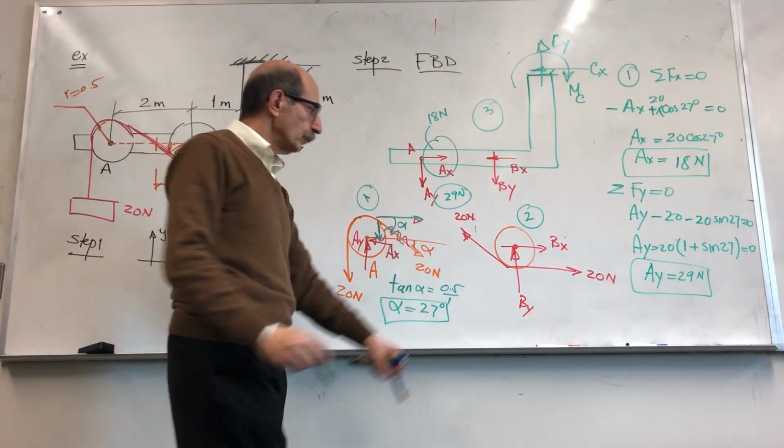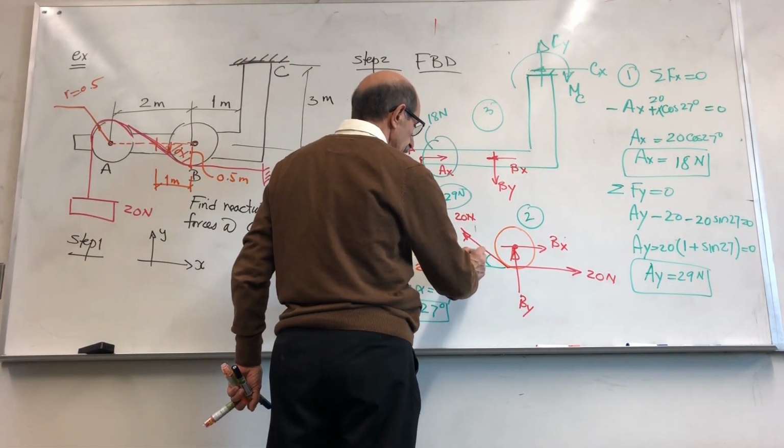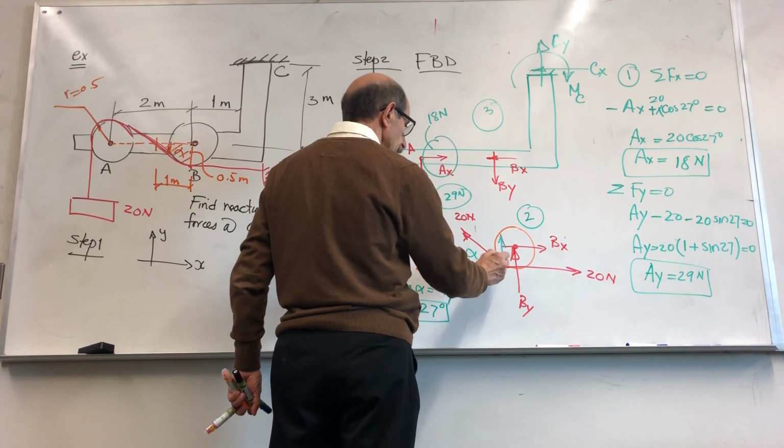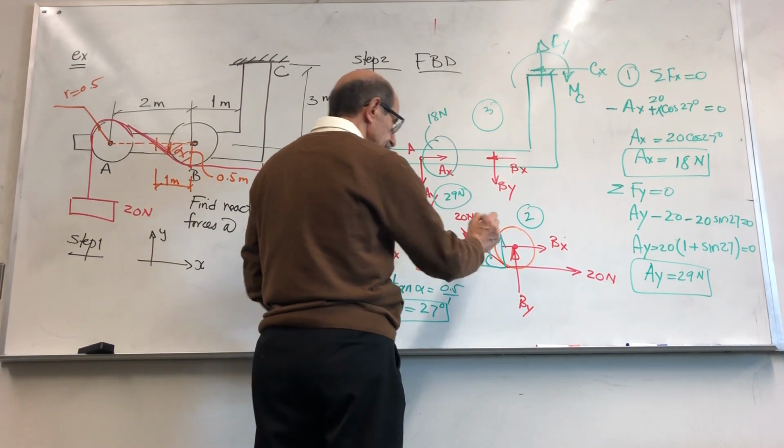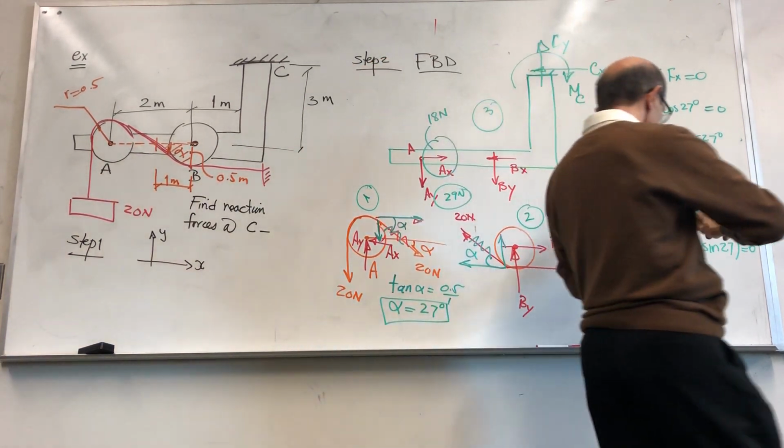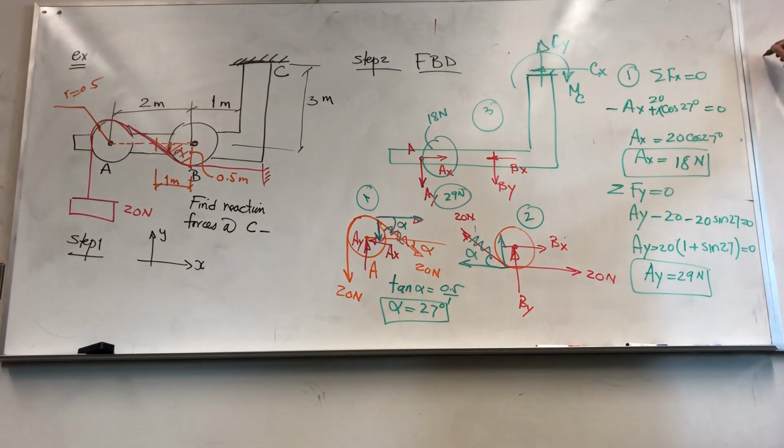Now let's go to this one. Again, this is alpha. So if I resolve this into its components, for 2, I can write summation of forces along x is equal to 0.